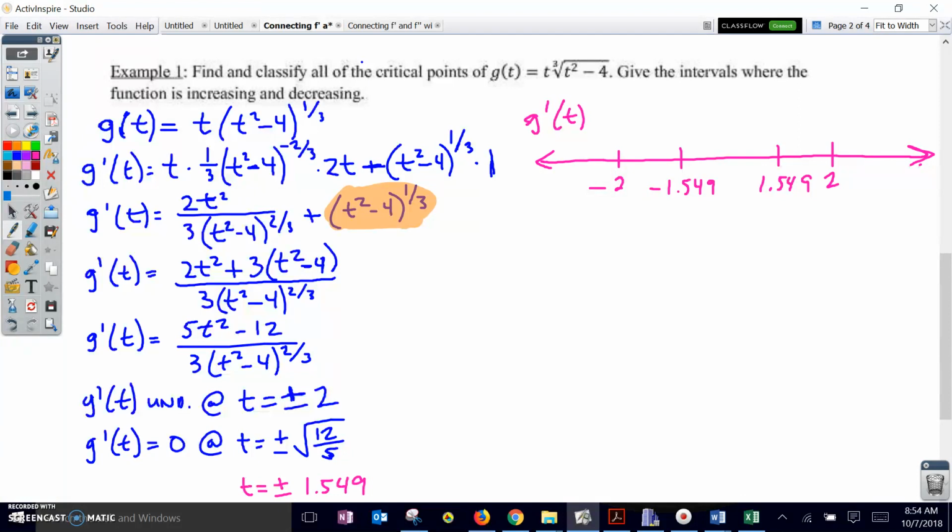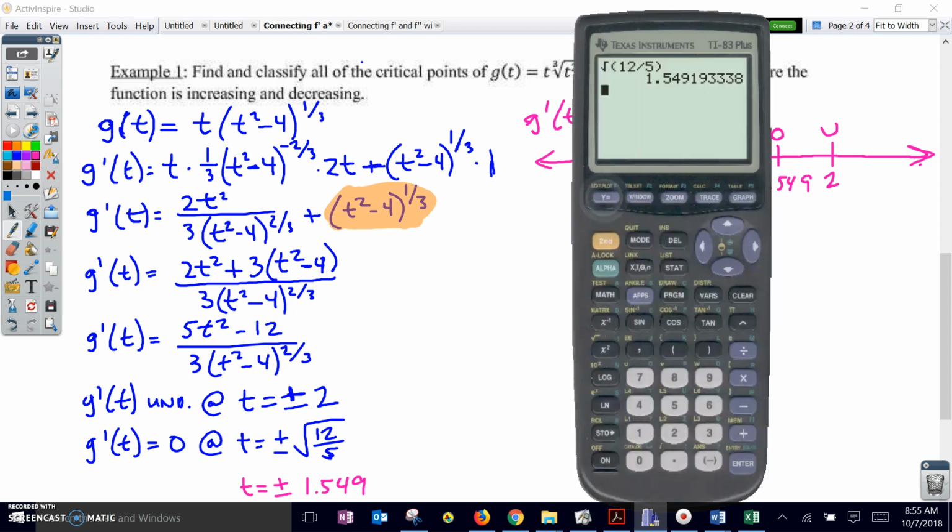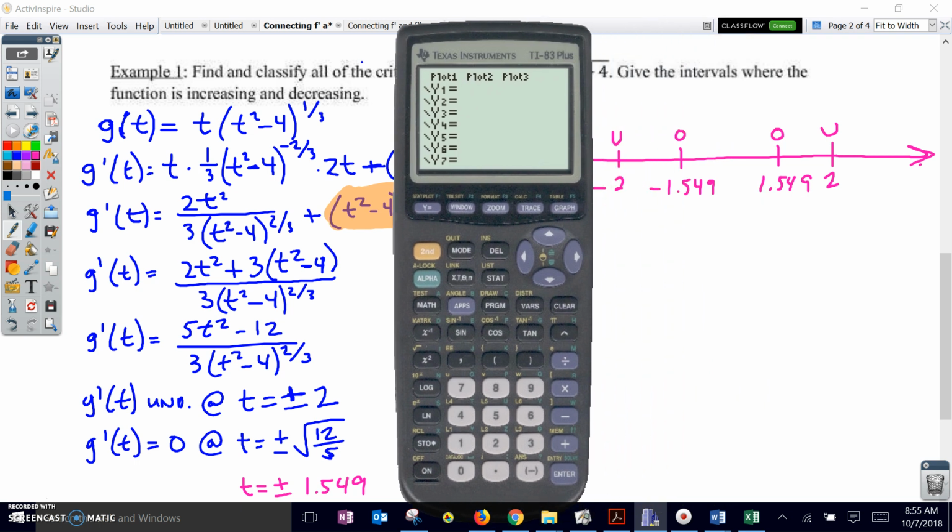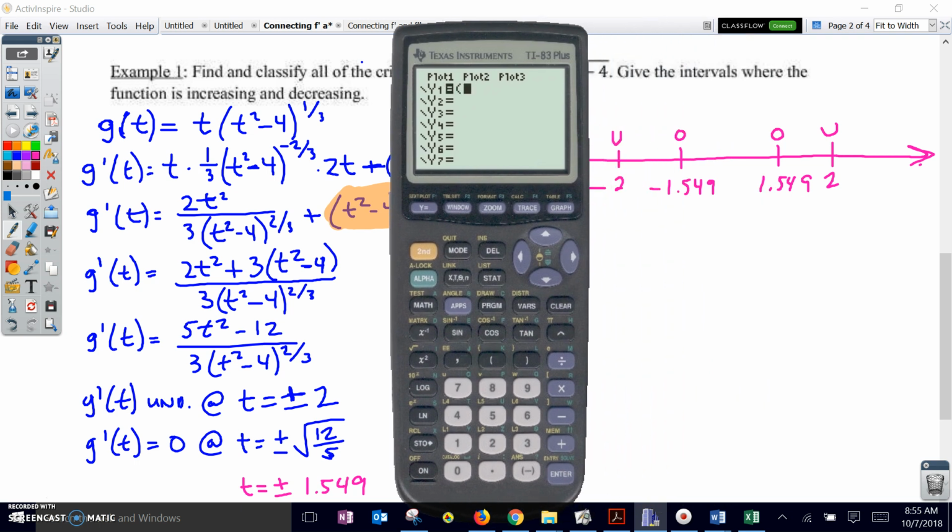And I want to know where the derivative is positive and negative on these intervals. Now I can go ahead and substitute a value into each of these intervals to figure out the sign, or if I have access to my calculator, I can do it all in one fell swoop by graphing this derivative, which is what I'm going to do here to save myself a little bit of time.